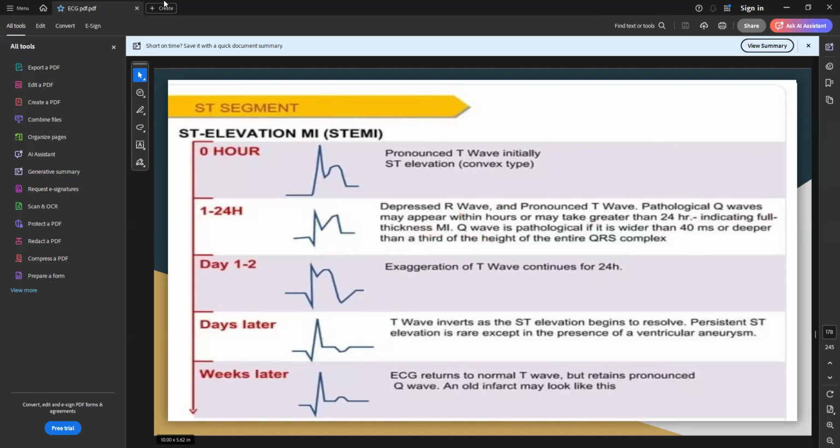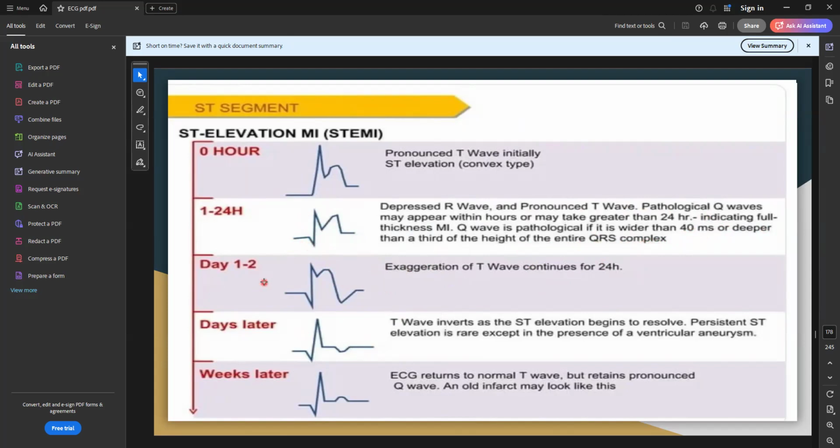Please note, this Q wave is pathological only when the width is more than 40 milliseconds and it is deeper than 1/3 of the height of the entire QRS complex.